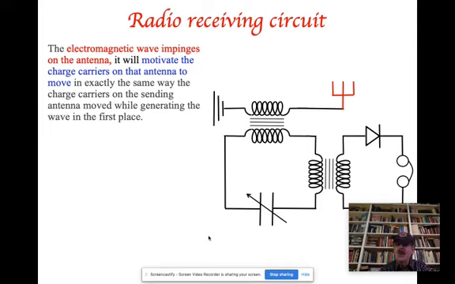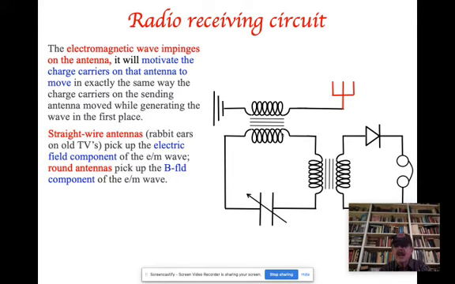Which means you have basically sent jiggle information from the sending antenna to the receiving antenna via this electromagnetic wave. Which, you think about it, is really clever. I mean, that is very, very, very cool.